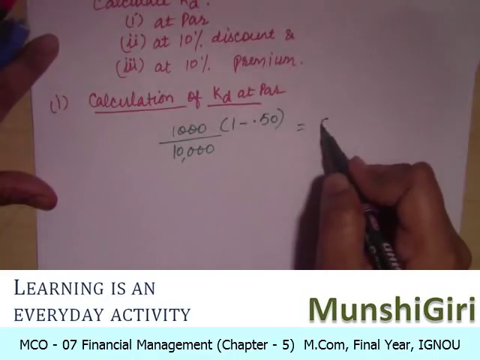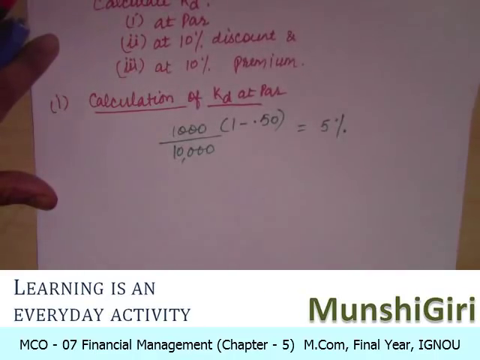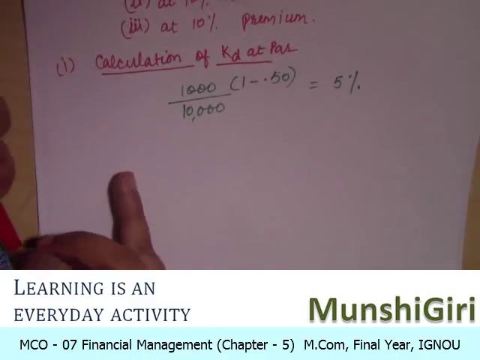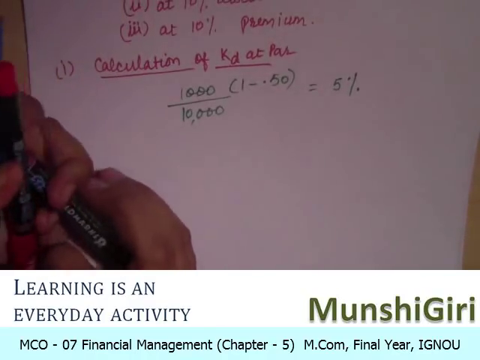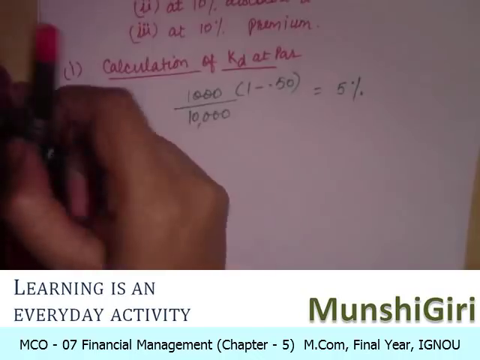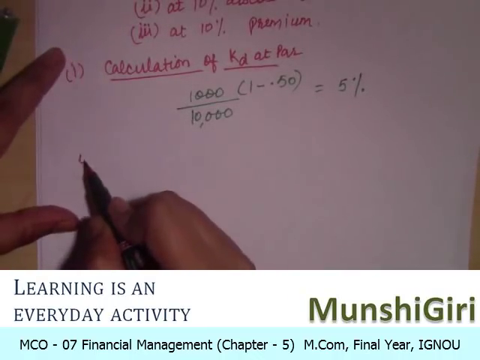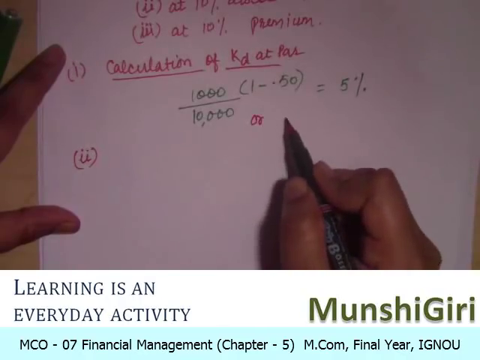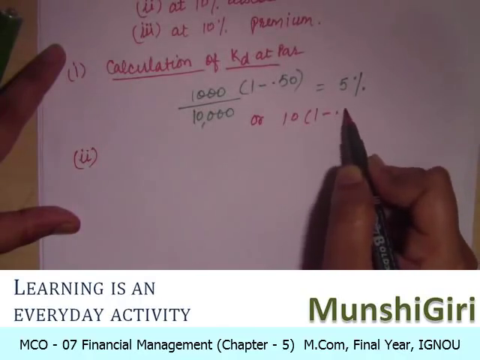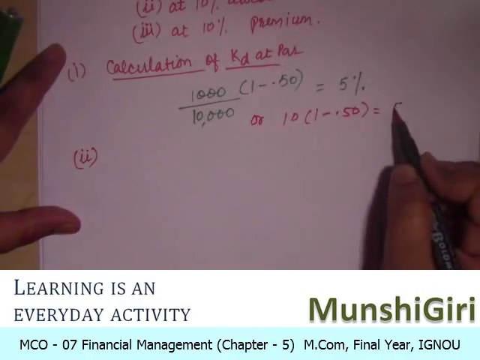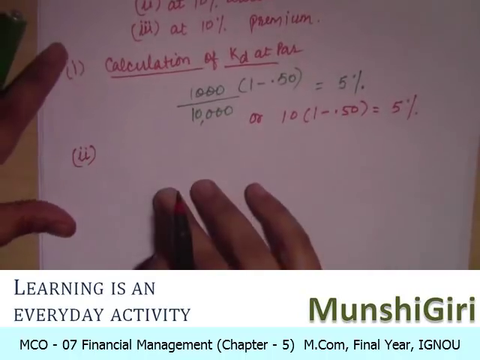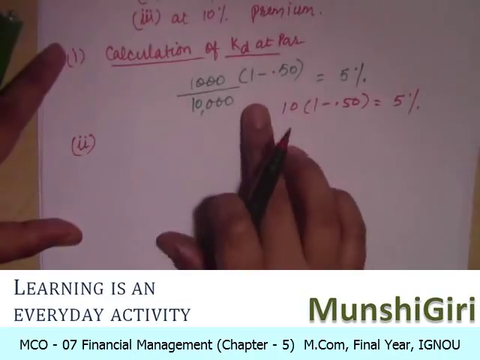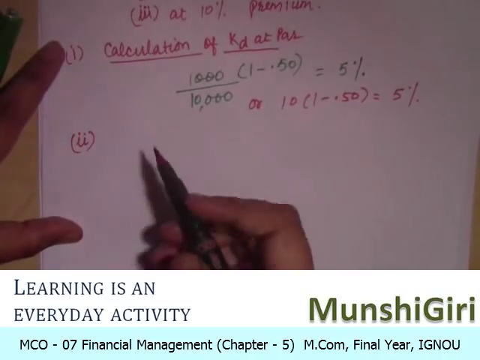So this comes out to be 5%. Or simply we could use this formula 10, 1 minus 0.50, that will also give you 5% KD. If you are not using the absolute amounts, you can also use this formula.